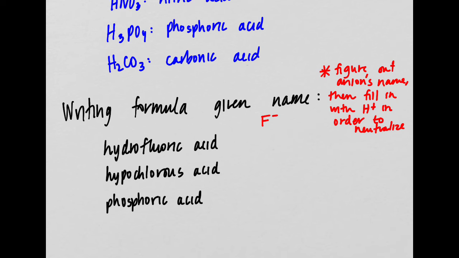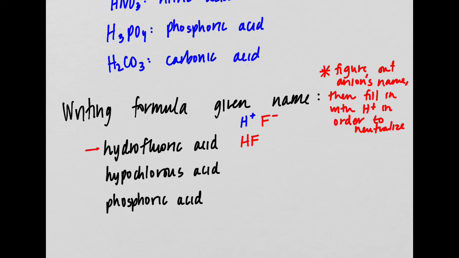Now that we know the anion's name, we're going to fill in with hydrogen ions in order to neutralize this. How many hydrogen ions would it take to make this compound neutral? Well, there's 1 minus, so we're going to need 1 plus to make it a neutral compound. So our formula would be HF. This is hydrofluoric acid.